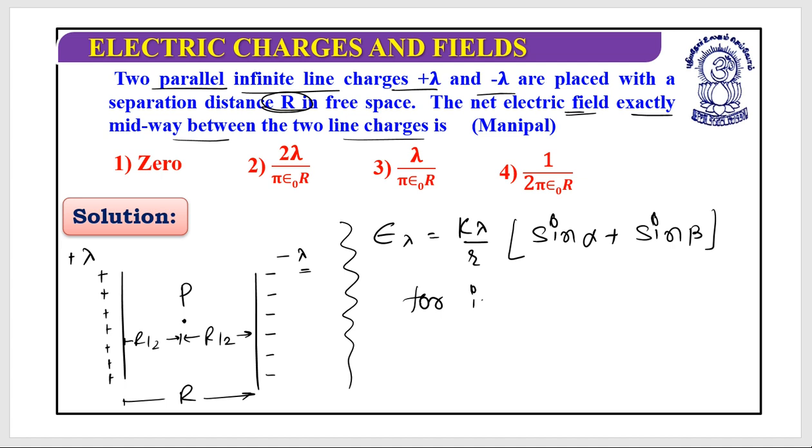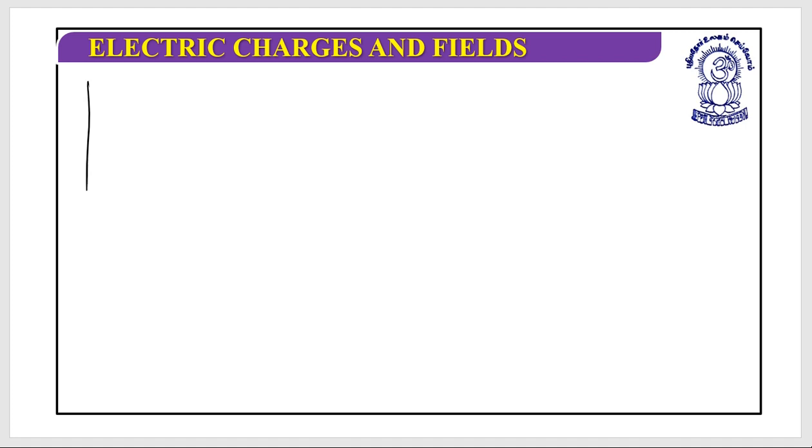For infinite line charges, alpha equals beta equals 90 degree. When it is infinite, the things would look like this. This is positive, this is negative, plus lambda, minus lambda. Here the total separation is r and individual separation is r by 2.